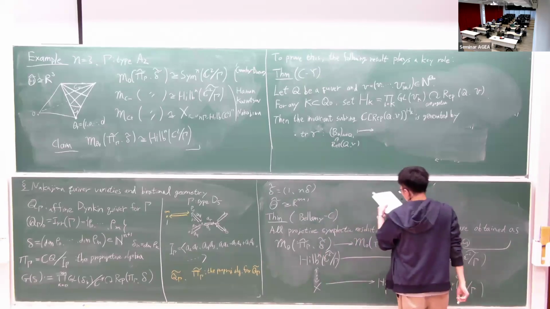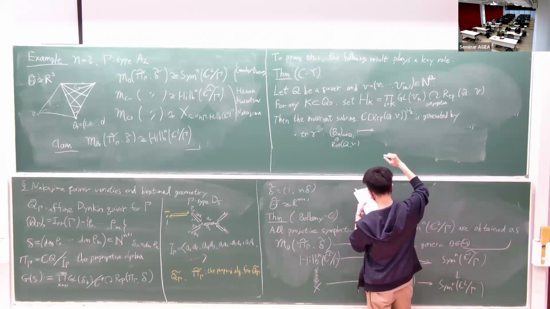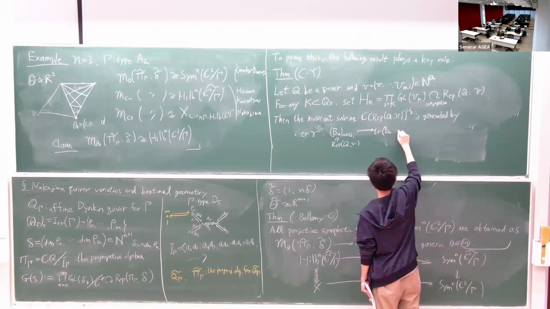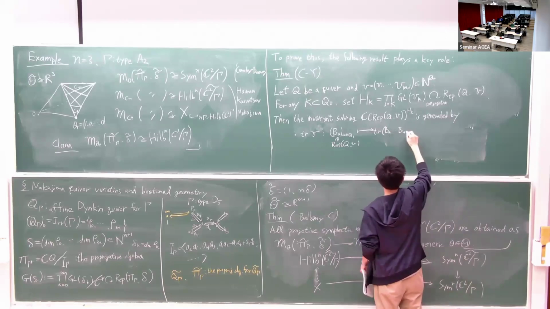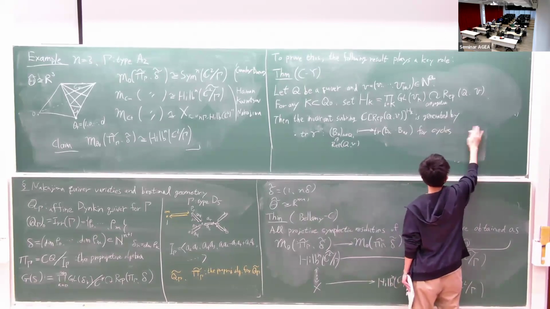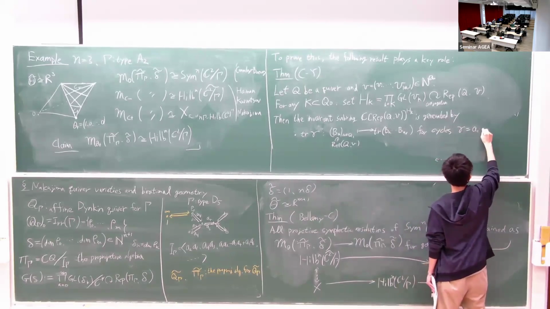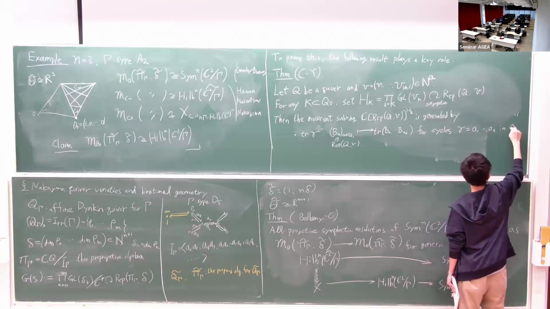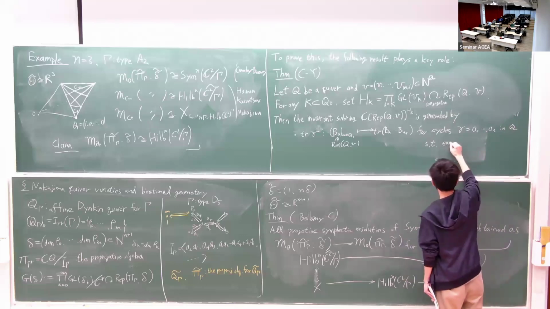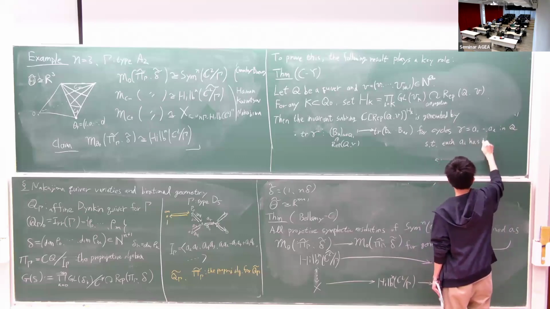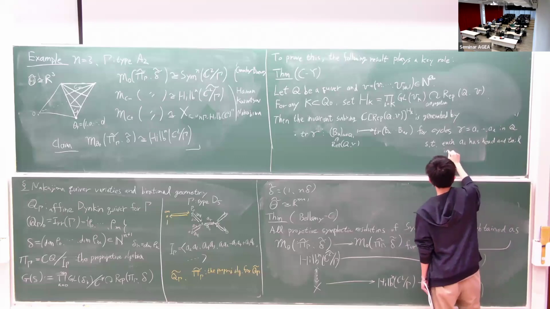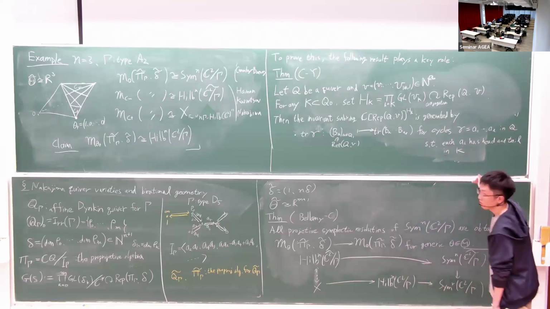For each representation, we assign to it the trace of the matrix product, for cycles gamma in Q such that each a_i has head and tail in K.